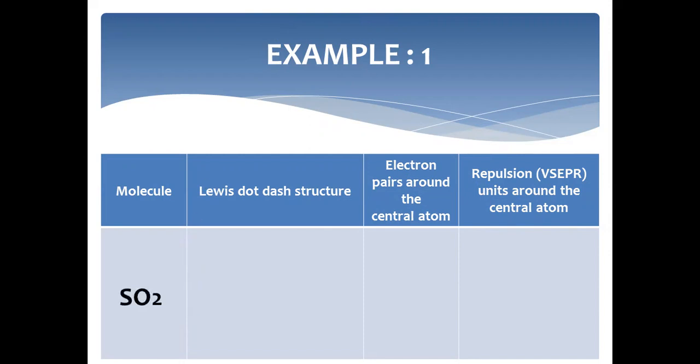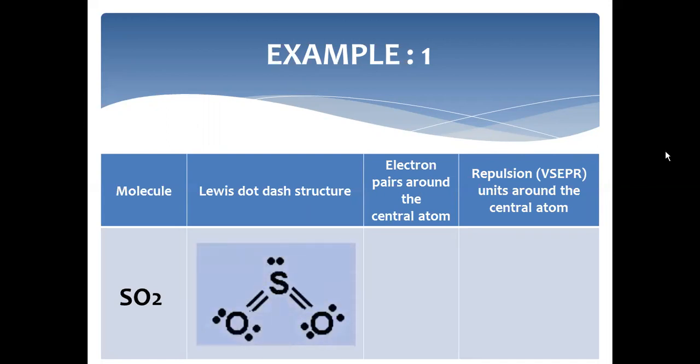So what should be the first example? Sulfur dioxide, SO2. Let me draw the Lewis dot dash structure. The Lewis structure we have studied in your previous presentation. This is the Lewis structure of sulfur dioxide.